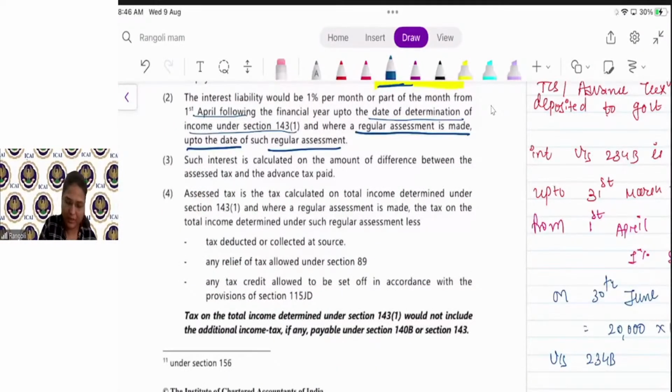Interest is calculated, here it is given, Madhav. Interest is calculated on the amount of difference between assessed tax and advance tax. Now, what is assessed tax?